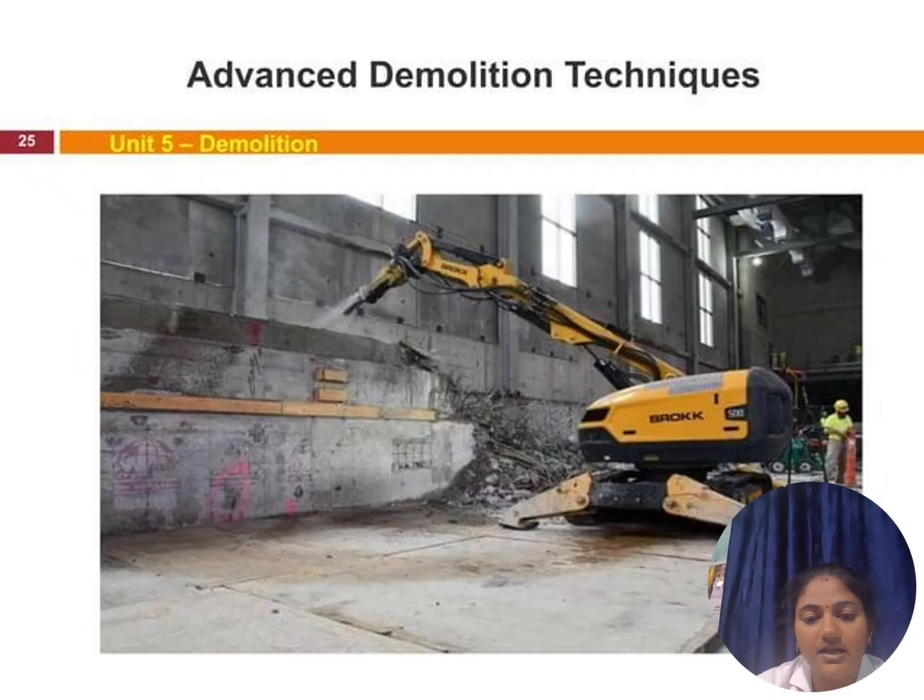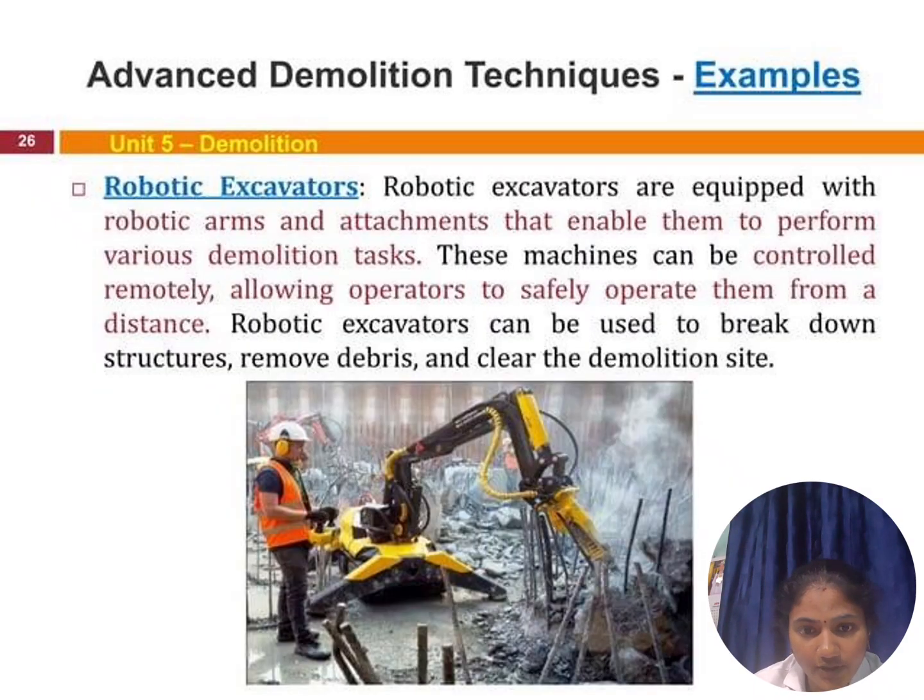And this is the robotic demolition technique, and they are demolishing by using some cranes, and then here they are going to collect the debris by using robotic excavators and to break down the structures.